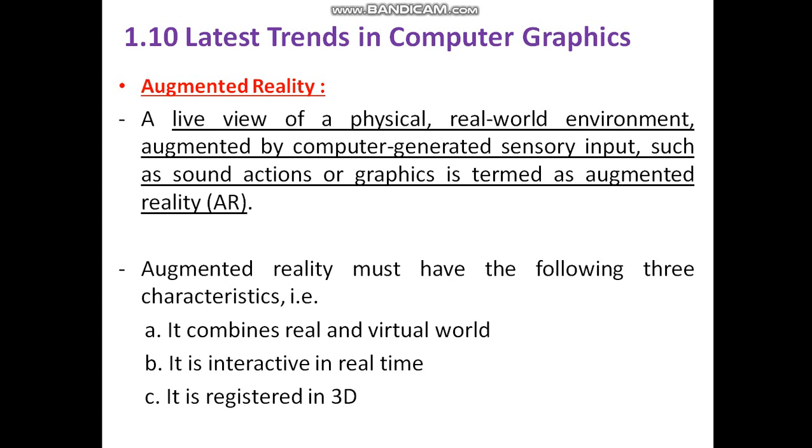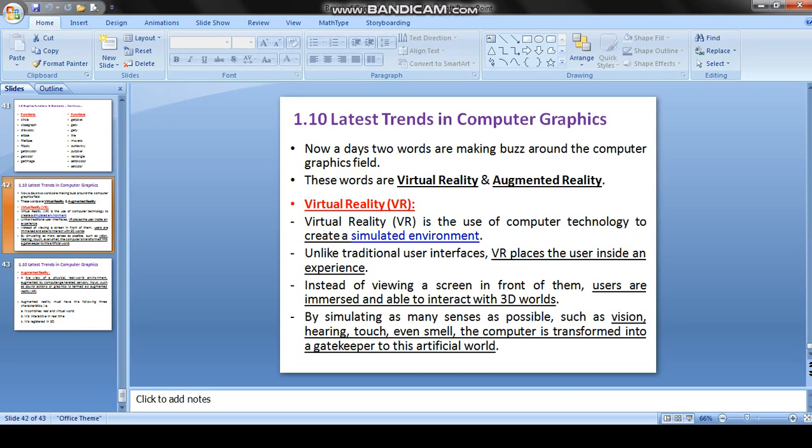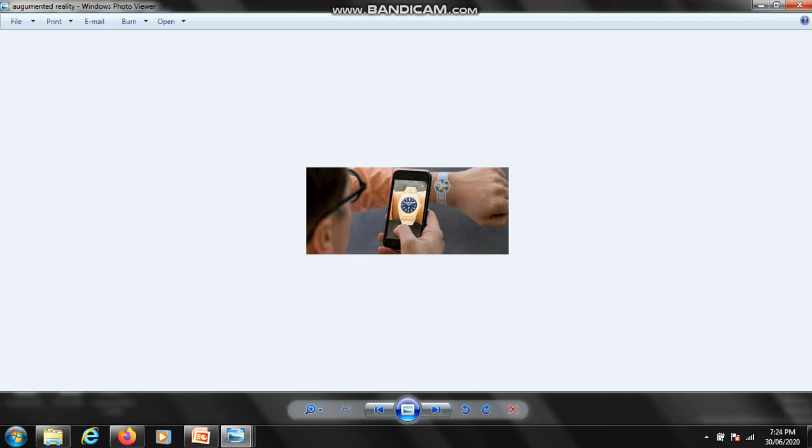A live view of a physical real-world environment augmented by computer-generated sensory input such as sound, video or graphics is augmented reality. Here is one picture. This is an augmented reality picture.